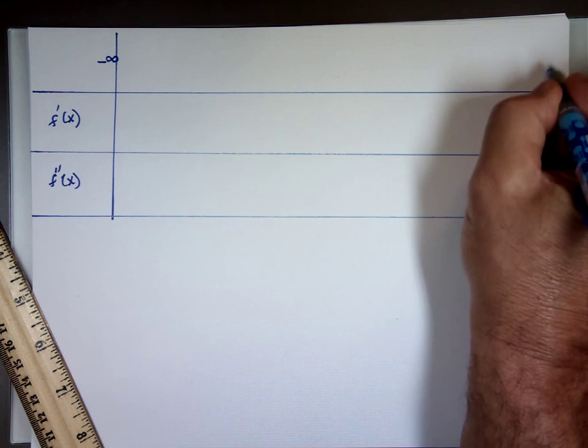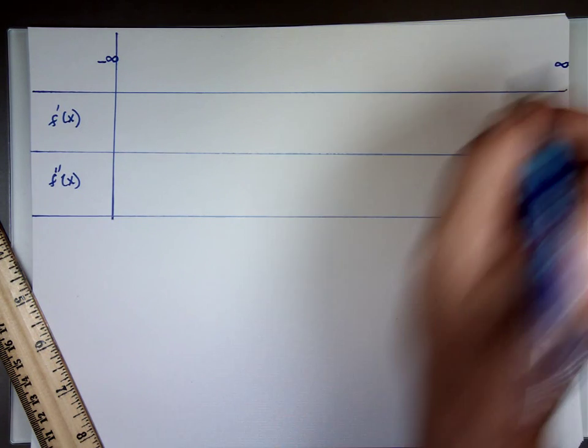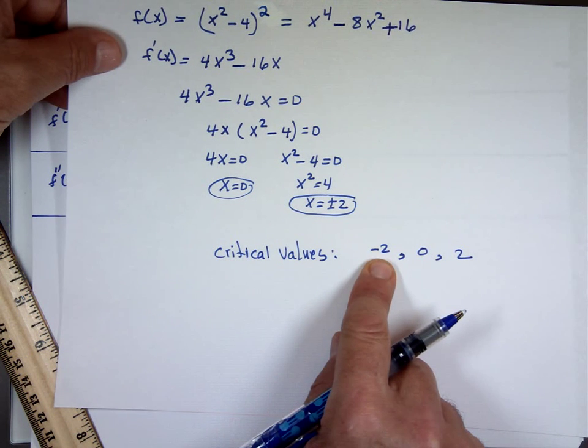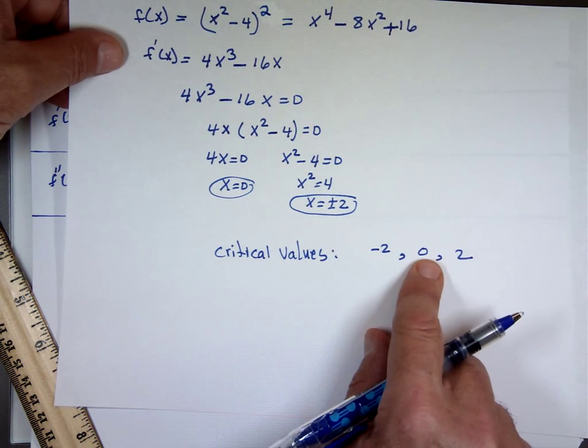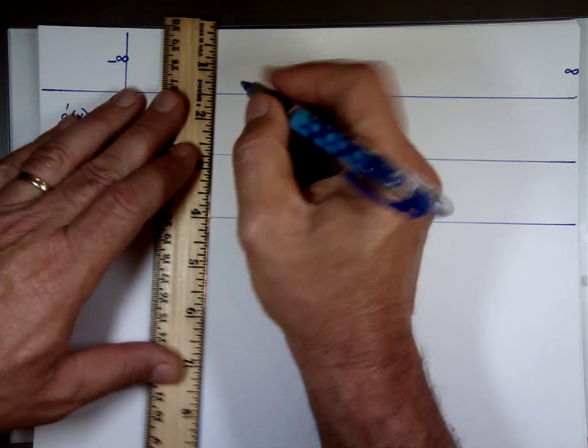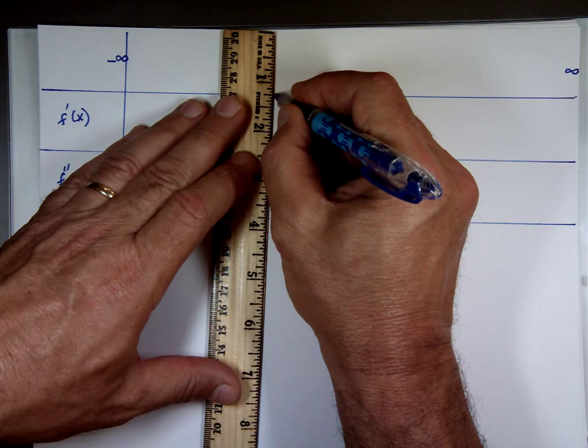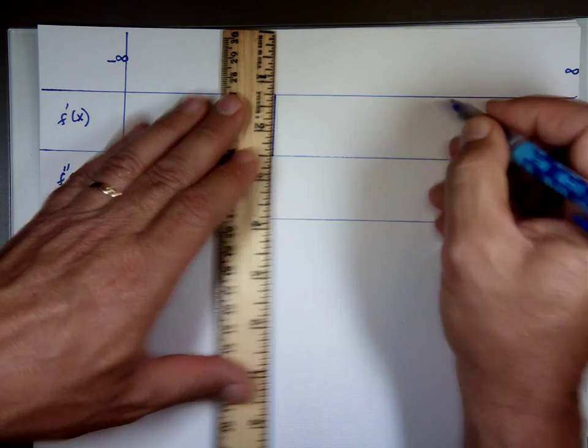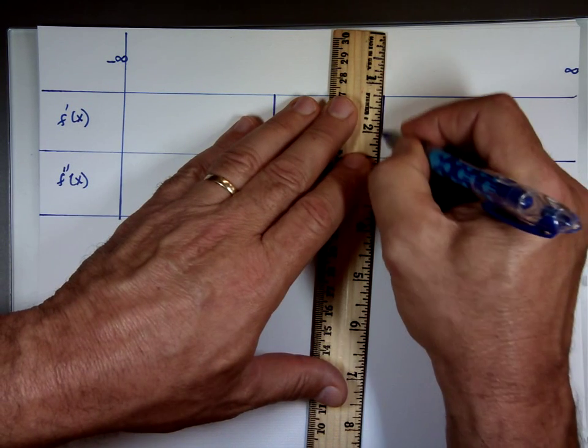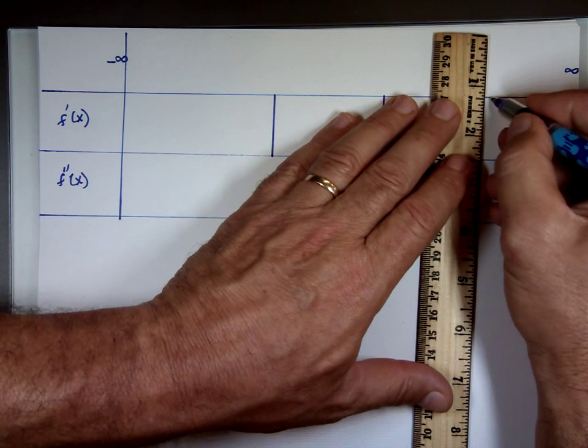That line is infinity. So we're going to break this one into what? -2. There's a line at -2, one at 0, one at 2. We're talking about the first derivative. So the -2 only goes to the first derivative. The 0 and the 2, right?